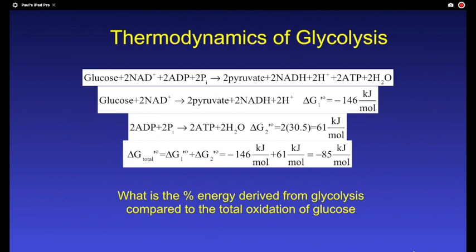If we get out 85, how much are you supposed to get out? 2,840. Did we get a lot of energy out of this? Not at all. But we did set it up in such a way that we're going to extract that. We've set it up so that we can get the energy. Glycolysis doesn't actually extract a lot of energy, but it allows us to treat it and get it ready.